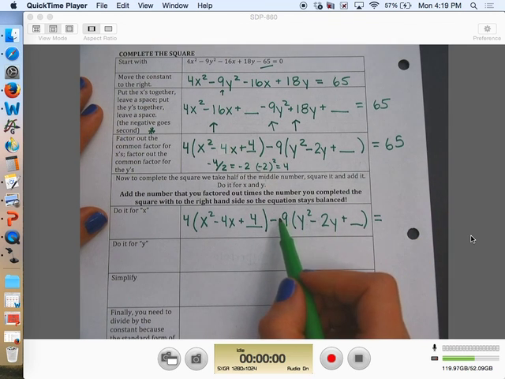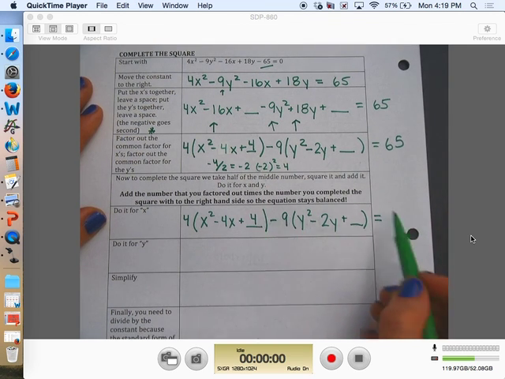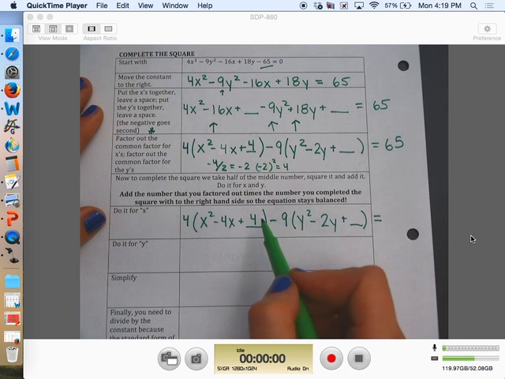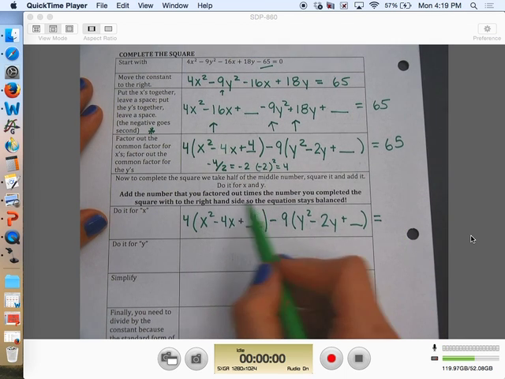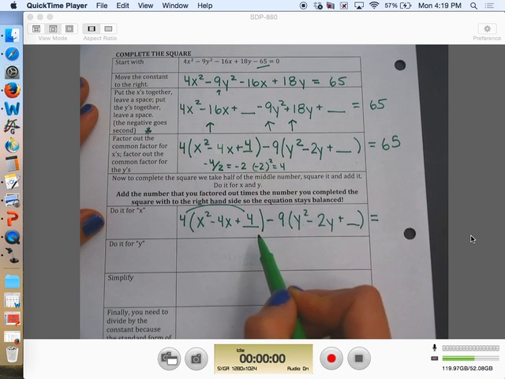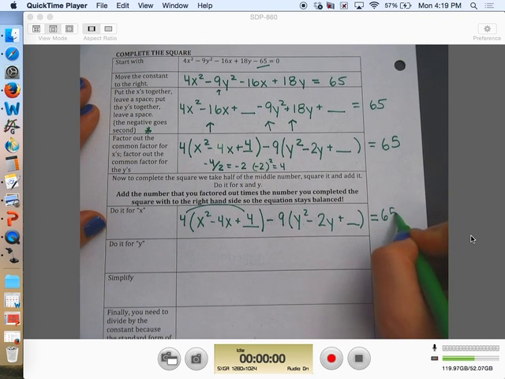Now remember, what you add to one side of the equation, you need to add to the other side. But here, we added a 4, but really, it was adding a 16. So now I have 65 plus 16.